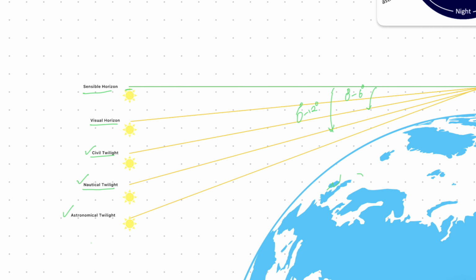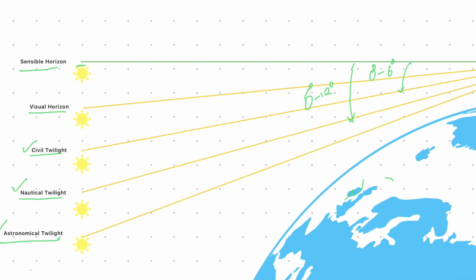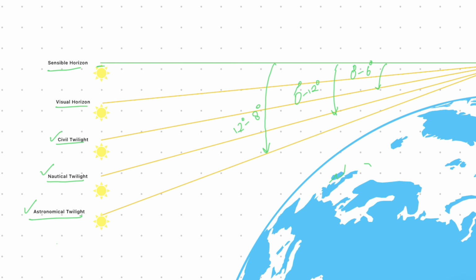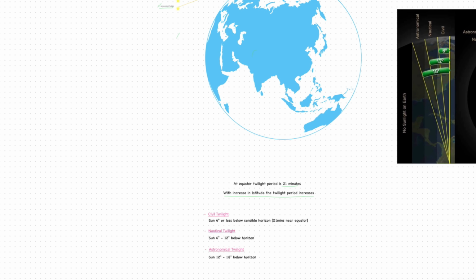Now astronomical twilight. It happens when the sun is 12 to 18 degrees below the sensible horizon. Guys, sorry for my handwriting, I know it's very bad. You just have to remember these terms.